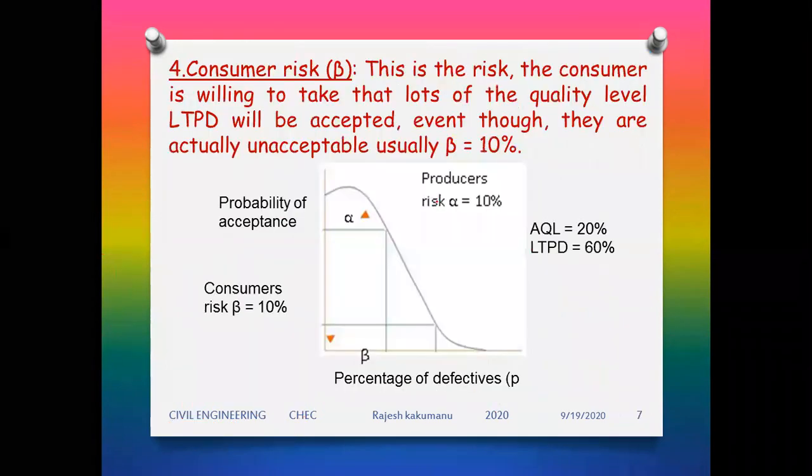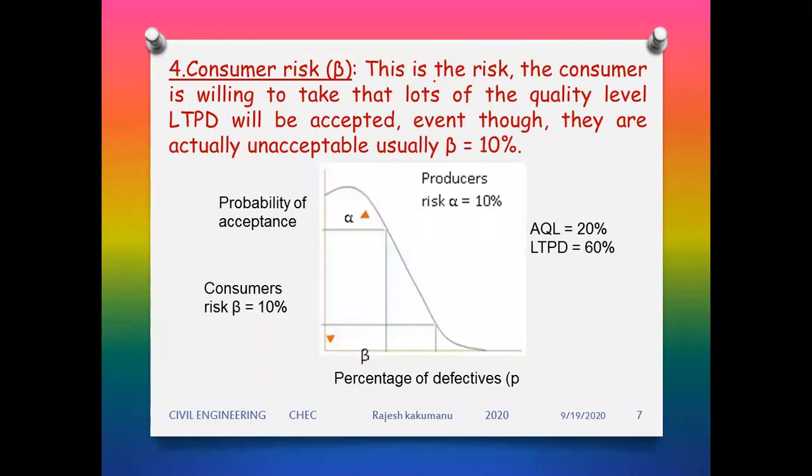So when you see the consumer's risk, it is indicated by beta. This is a risk the consumer is willing to take, that lots of unacceptable quality level will be accepted even though they are actually unacceptable, usually up to 10%. So here the producer, whenever he is giving the products to the next level person, will keep some percentage of defectives. If the defectives are more, the consumer will not accept it; if less than 5% defective, automatically the consumer will accept it.